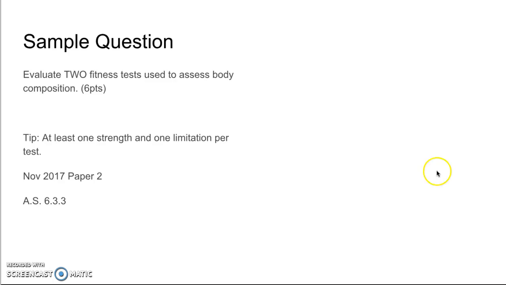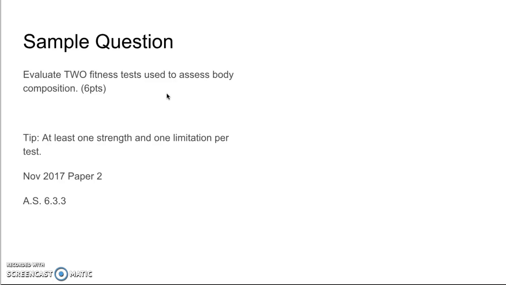Now, this is something that I want you to try on your own, try with a partner or maybe even two partners. The term evaluate means that you want to give us a very detailed explanation of what the fitness test is and then provide strengths and limitations and or weaknesses. So there are 3 different tests used to assess body composition.